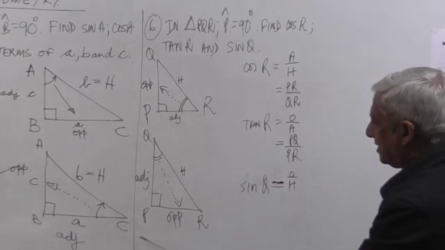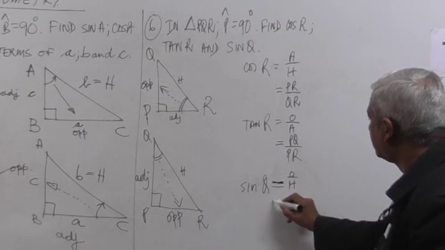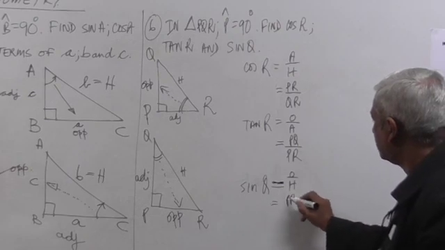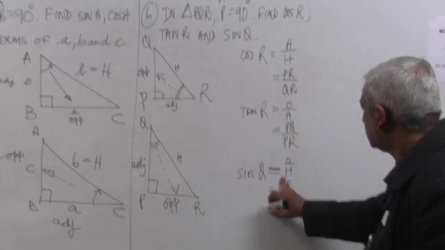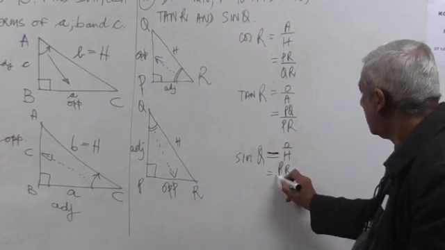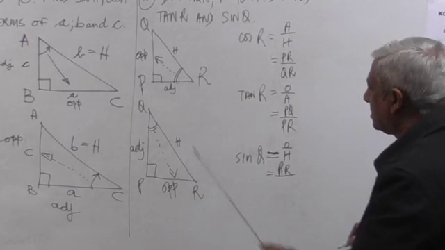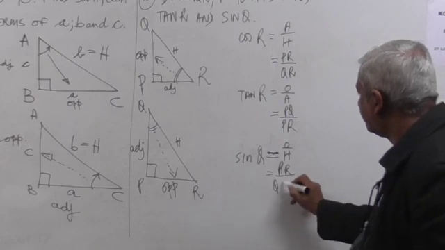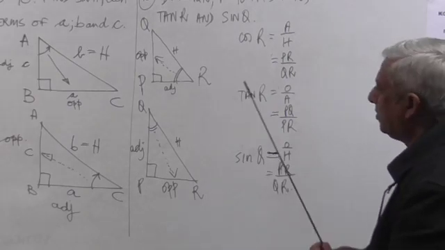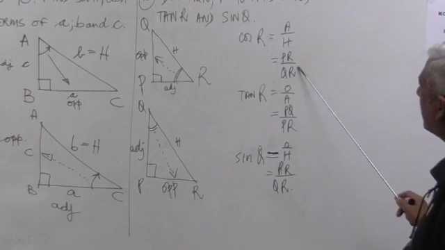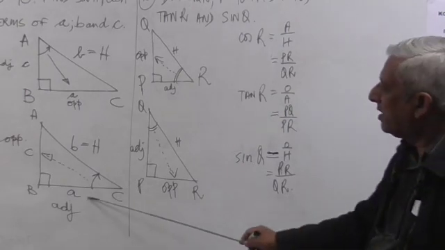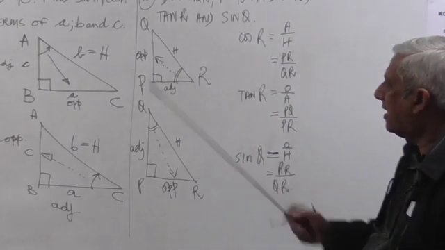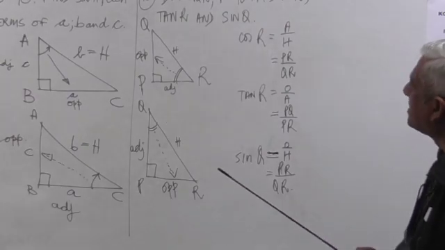So the opposite side is PR over the hypotenuse, which is QR. So what we're showing you now is sometimes you can use capital letters, sometimes you'll have to use small letters, and other times you'll be using actual numbers.